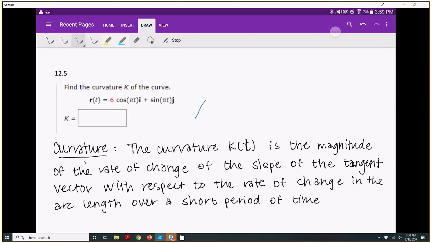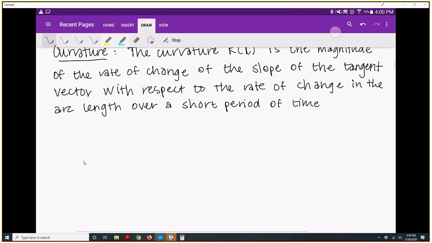So let's imagine we have some curve. And this section here, the arc length s of t, we have a tangent, which is changing as we move along the curve. So the curvature will be the magnitude of the rate of change of the tangent with respect to the rate of change in the arc length over some short period of time.